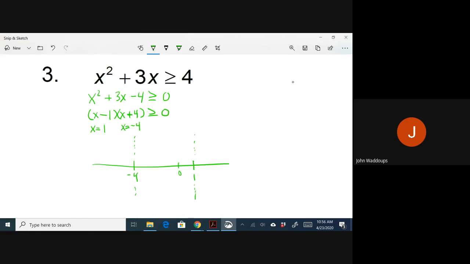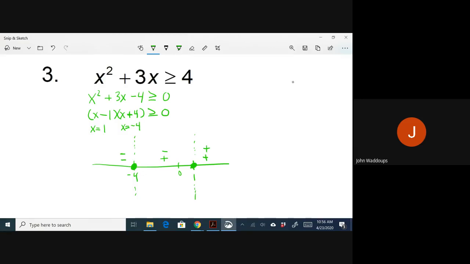Now, because it can be equal, we're going to put a closed dot at both negative 4 and 1, because it can be equal at those points. Our sign array, we say at negative 4, we have negative, positive, positive. And then at 1, we'd have negative to the left of it and positive to the right of it.